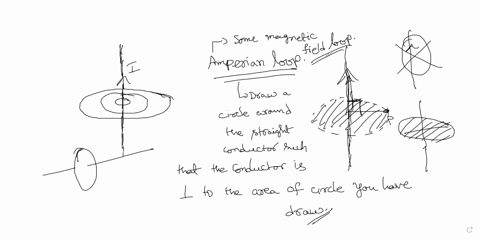It should not be on the conductor. The area of your Amperian loop should be perpendicular to the conductor. Remember that. This is the first part you have to know. Then we talk about something called the element. Element is the next part. So once you write this, I will go through the next one.